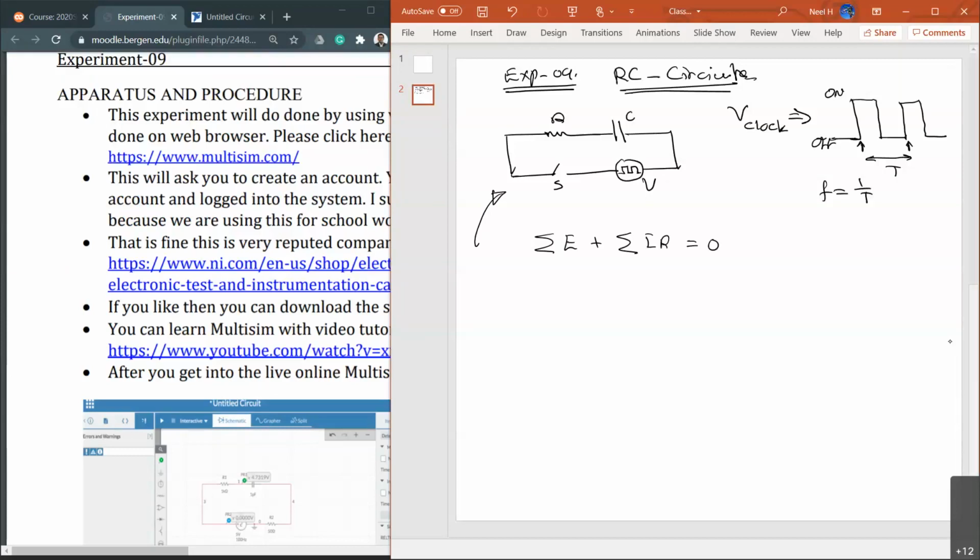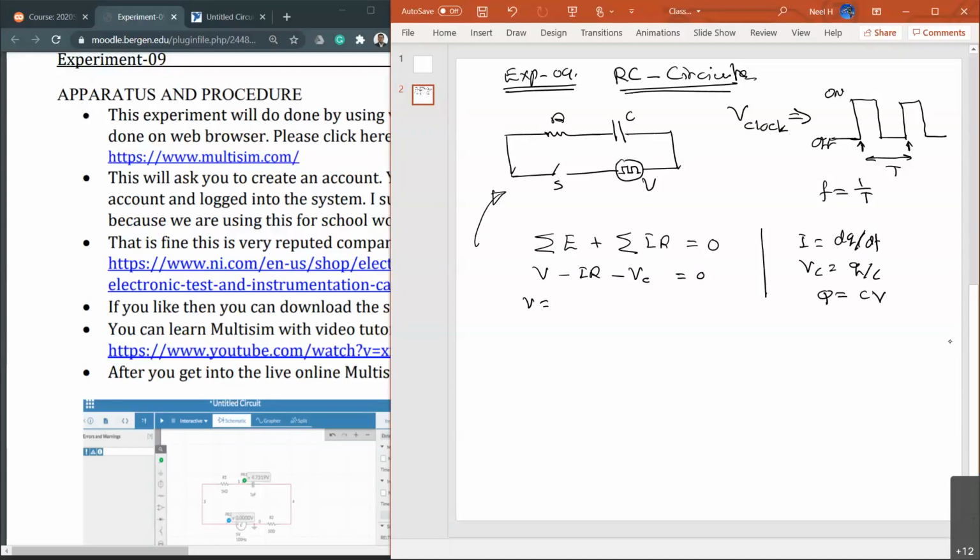There's only one voltage supply, our given voltage supply V, then minus I times R, and minus the voltage across the capacitor equals 0. Then we know I is equal to dq over dt. And the voltage across the capacitor you can write as Q over C, because for the capacitor, Q is equal to CV, right? If you combine all of these, you can build a differential equation.